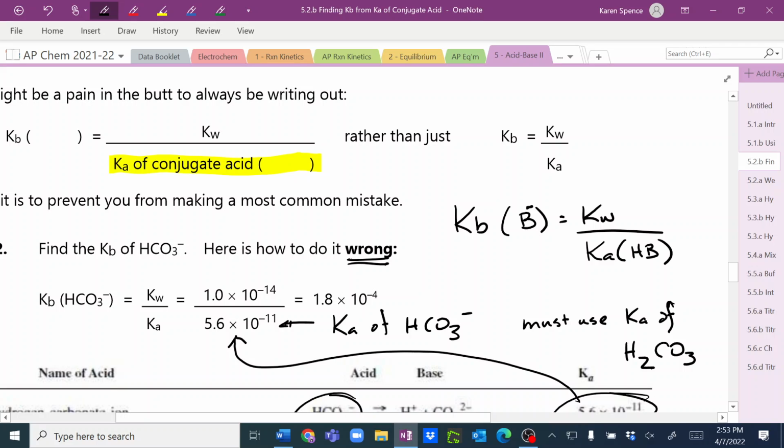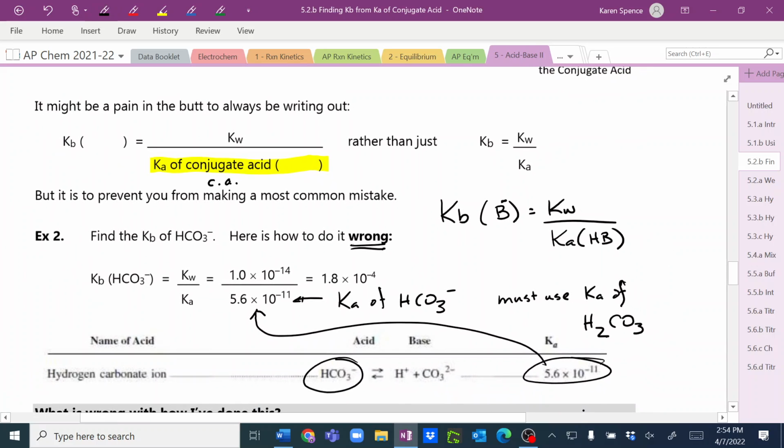Yes? So you're going to stick an extra H on there. I would make sure that I write that in every time because that way I won't forget and use the wrong one if I've got an amphiprotic substance. But for starters, you can always write Ka of the conjugate acid if you want to remind yourself. It's just up to you what makes sure you don't make that mistake.